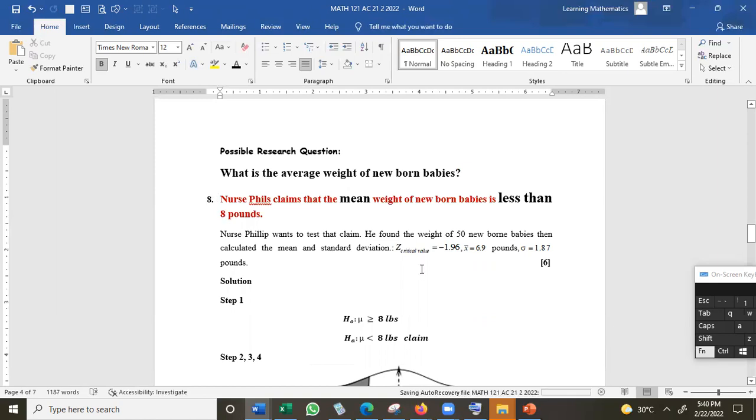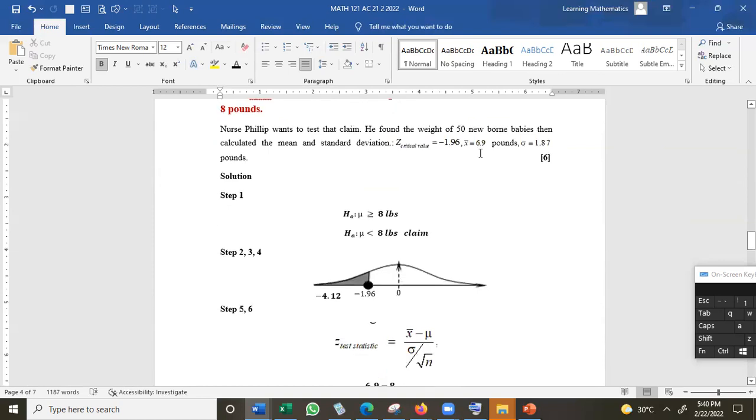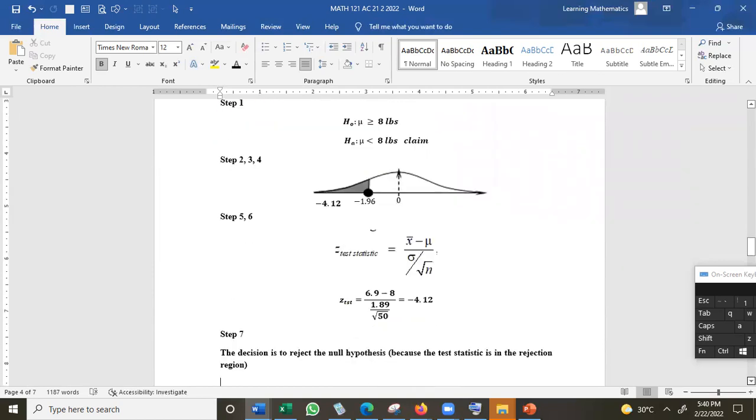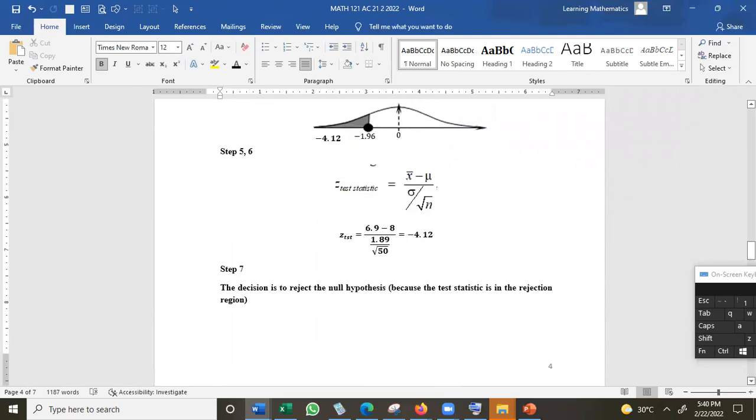Using sample statistics to test the parameter. The 8 is the parameter because she talked about the population, but a sample of 50 was taken. So now step number 7 is decision. Step number 8 is conclusion.